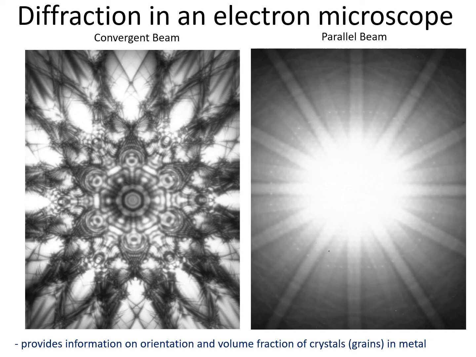And then we're collecting the intensity coming off. This is the non-parallel beam, and this is the parallel beam. And this is what diffraction looks like in an electron microscope.